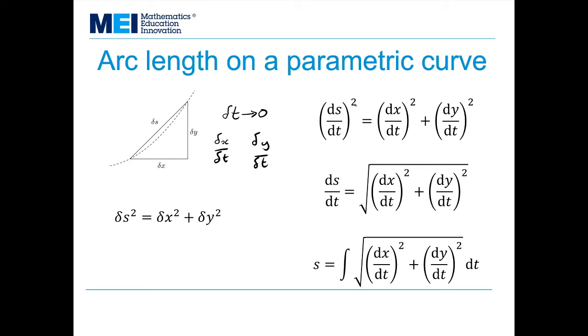So ds by dt all squared is dx by dt all squared plus dy by dt all squared. Now I can use that to find ds by dt by taking the square root of dx by dt squared plus dy by dt squared. And then finally, to find s, I can find the integral of that square root expression with respect to t.